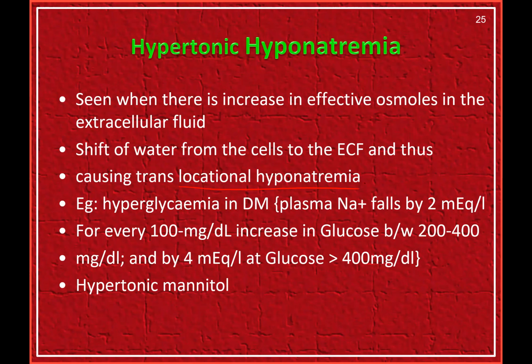But the tonicity, if you look at it, is hypertonic. Hyperglycemia is an example of that, where plasma sodium falls by 2 milliequivalents per liter, because we know in the formula there is glucose divided by 18. So for every 100 milligrams per deciliter increase in glucose between 200 and 400, the fall is by 2 milliequivalents. It's 4 milliequivalents if the glucose is more than 400. Hypertonic mannitol can also produce this. So these are two which are solute overload.